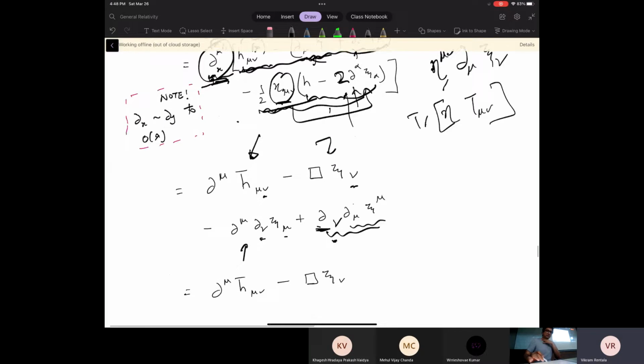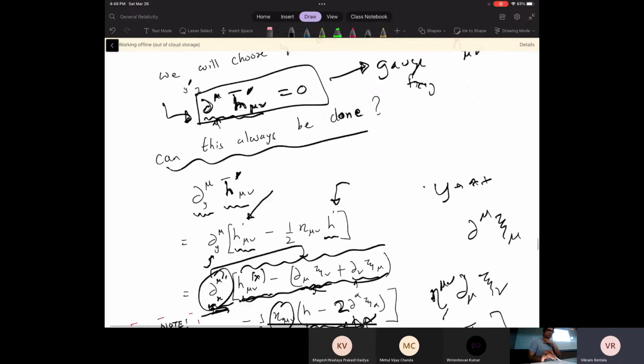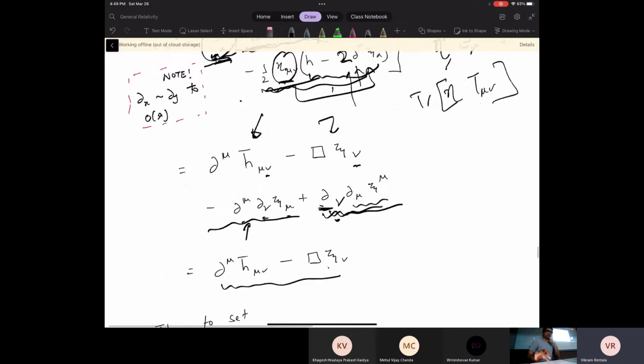I can now simplify this further. These two terms cancel against each other, so what I just get is partial mu h bar mu nu minus box psi nu. What we wanted was to set this quantity to 0 by choosing our coordinate system appropriately, and we showed that this quantity is equal to this.